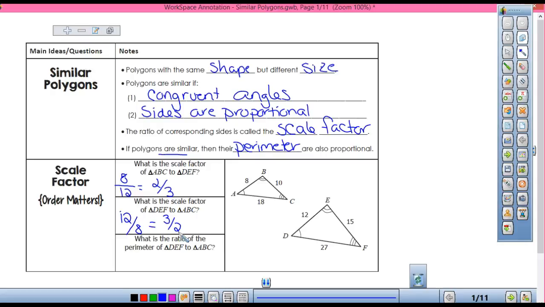Okay? The ratio of the perimeters. Well, they want DEF first. So what's the perimeter of DEF? 54? Over what's the perimeter of ABC? 36? Reduce that guy.